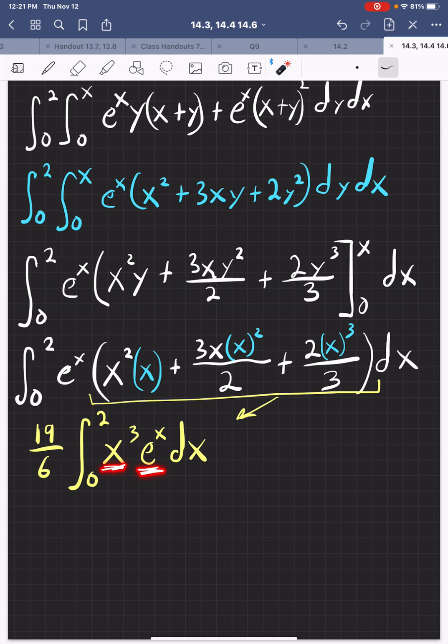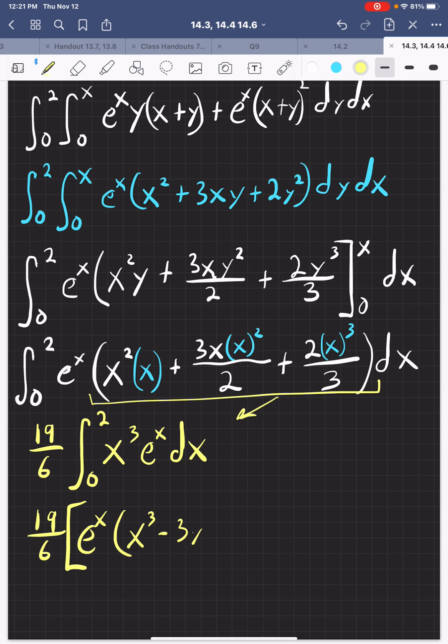That is a product. So hopefully you still have access to the knowledge that you learned in Calc 2 on how to integrate products. When you do, it'll be the following. So that's going to be x cubed minus 3x squared plus 6x minus 6.